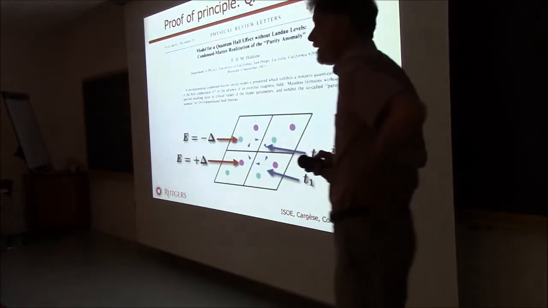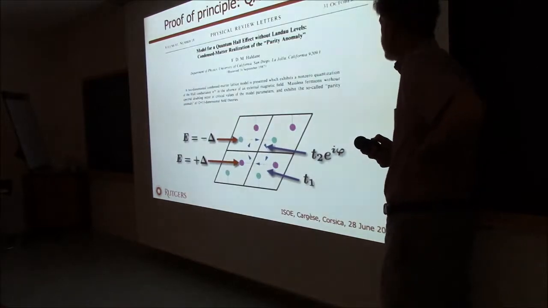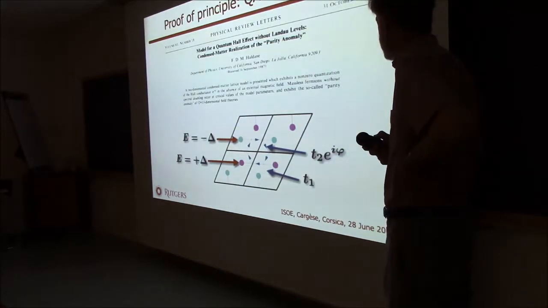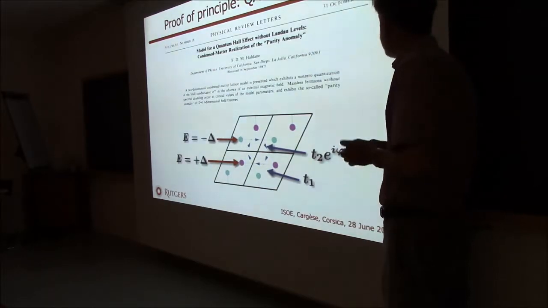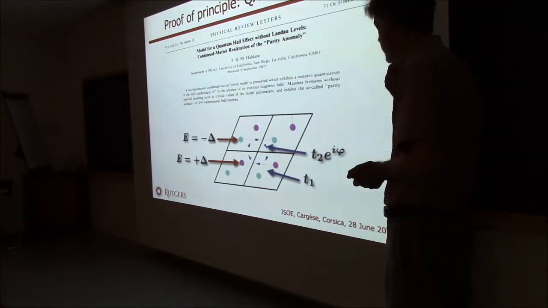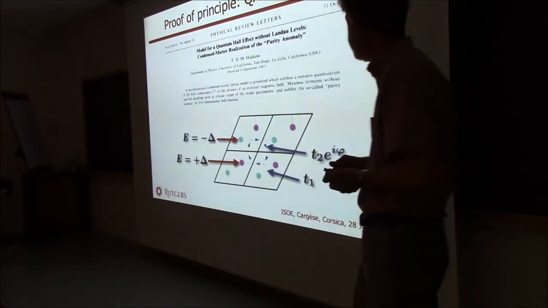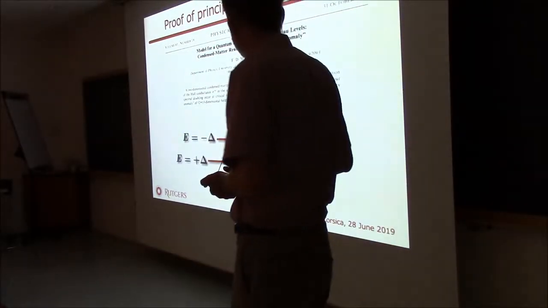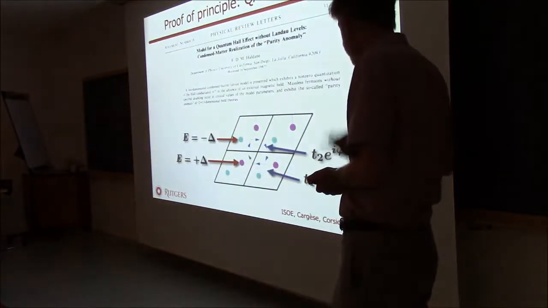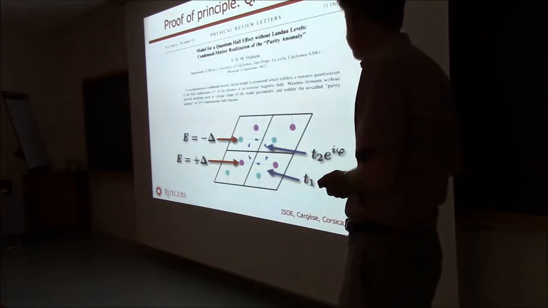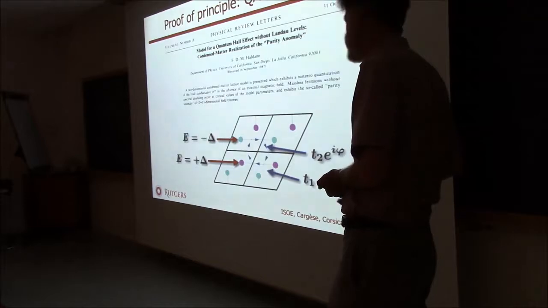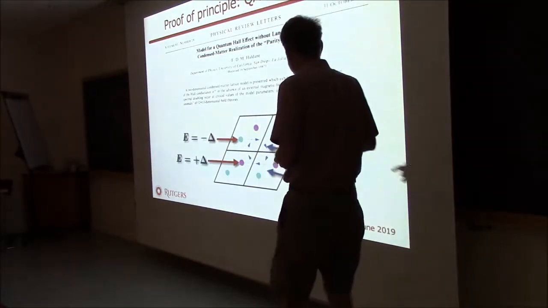And as I hinted in the introduction, this part of the story was largely started by Haldane, who wrote this beautiful paper in 1988, with an obscure title, about parity anomaly. That's where he was coming from. But from our point of view, what he did is he made a very simple tight binding model of a 2-dimensional graphene-like lattice.